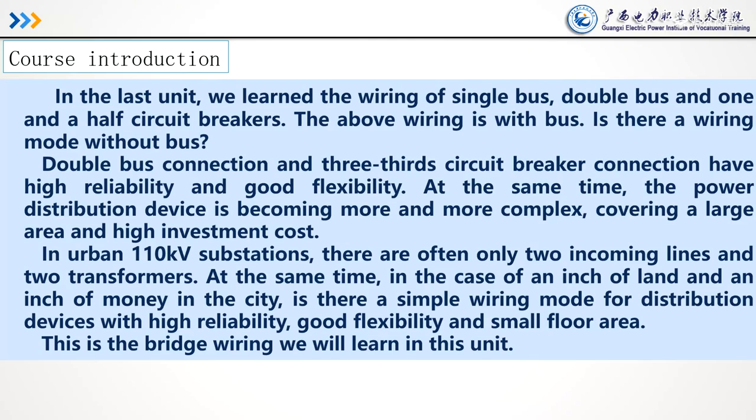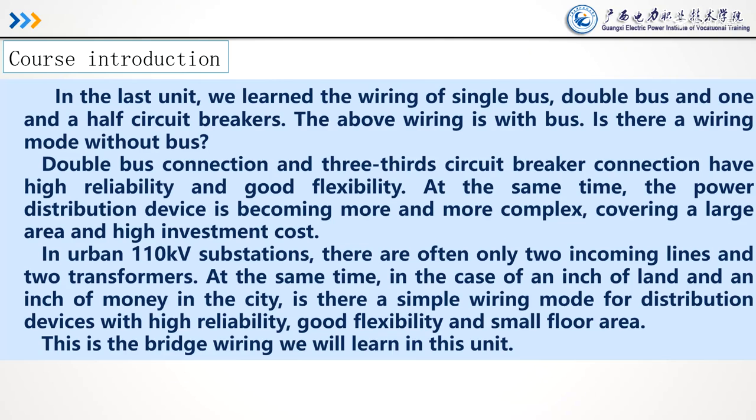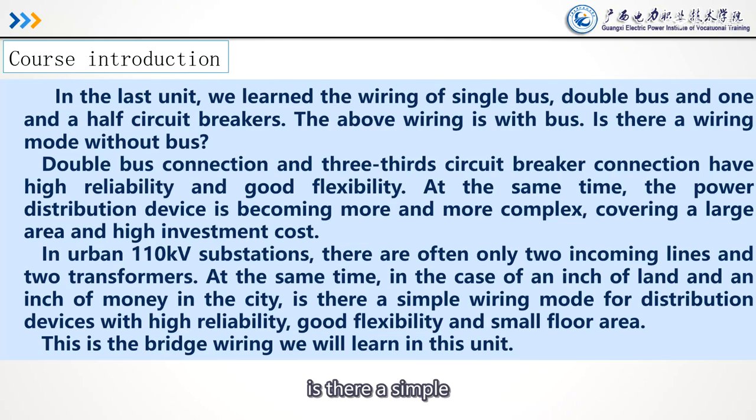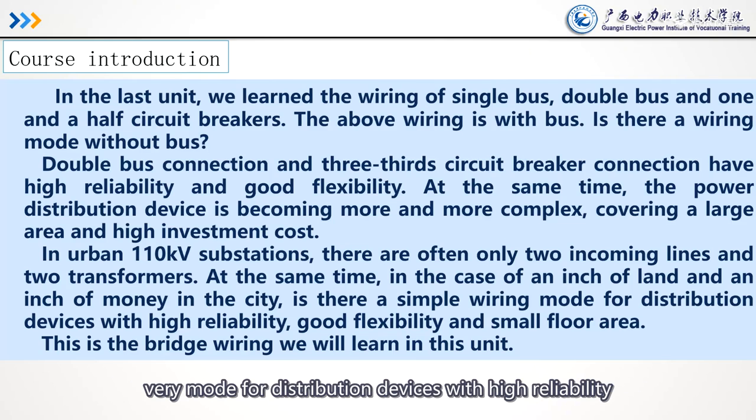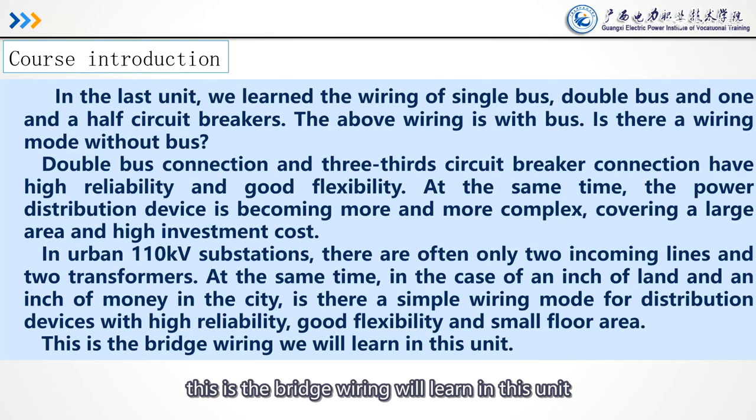In urban 110 kV substations, there are often only 2 incoming lines and 2 transformers at the same time. In the city, where an inch of land is an inch of gold, is there a simple wiring mode for distribution devices with high reliability, good flexibility, and a small floor area? This is the bridge wiring we'll learn in this unit.